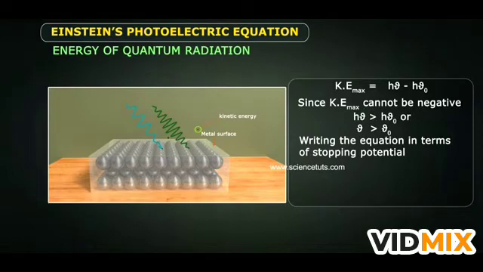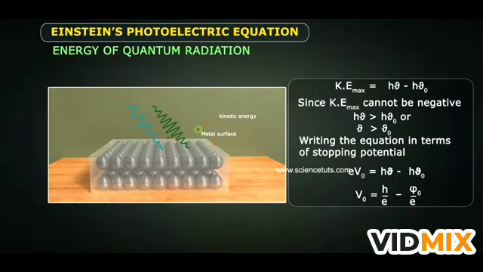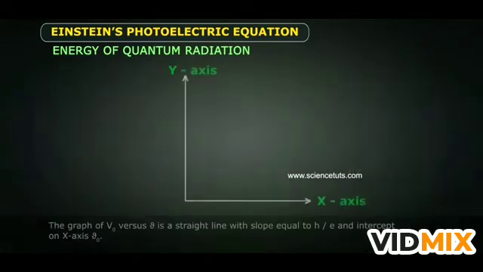Writing the equation in terms of stopping potential, eV naught = h nu minus h nu naught. V naught = (h/e) nu minus phi naught/e.